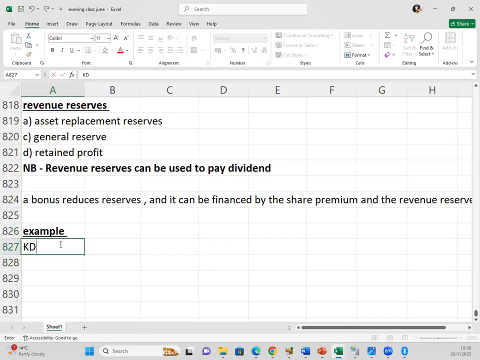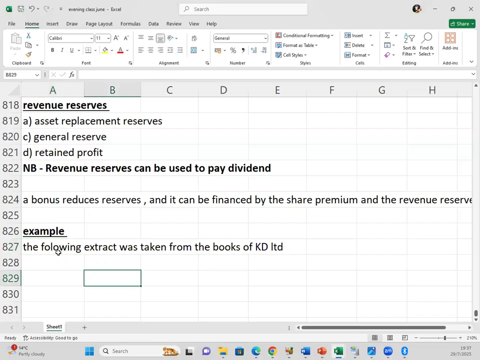So KD Limited. The following extract was taken from the books of KD Limited.